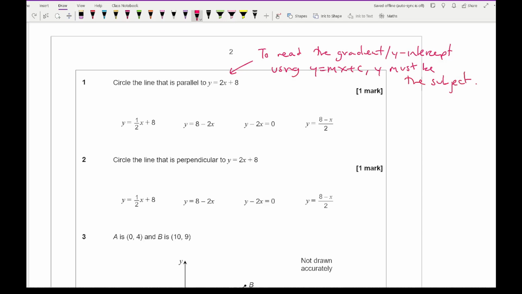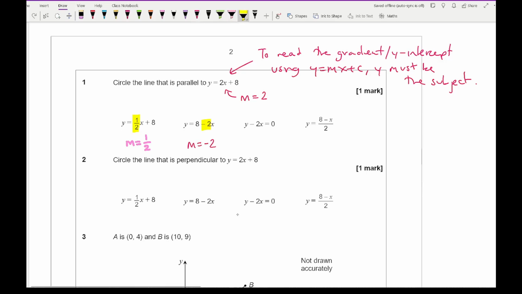Looking at this particular question, we can see that our gradient is 2. So in all our 4 options, what I'm looking for is the coefficient of x, or the value in front of x when we've got y the subject. In each of our 4 options we have got y the subject, so I don't need to do any rearranging. It's just about looking at what number is in front of the x. Here I've got a half, so m equals a half. In the second option I've got minus 2.